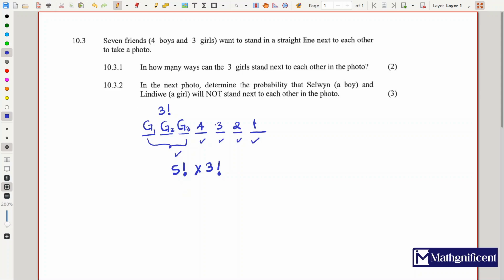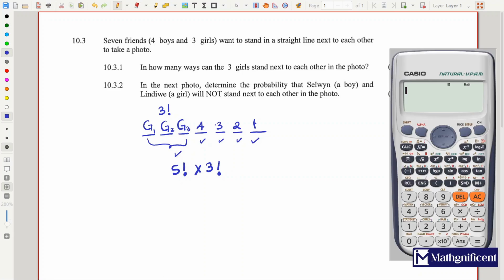So how can I deal with this? I can simply put this into a calculator and then I get the answer here. So when I put this into a calculator, I have 5 factorial multiplied by 3 factorial, and I get that this is equal to 720.